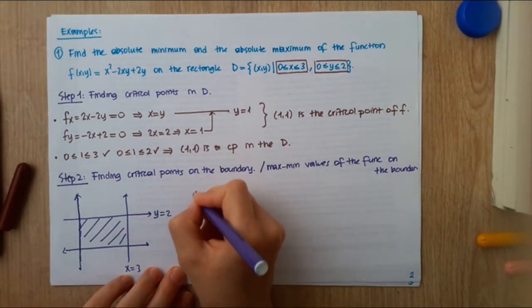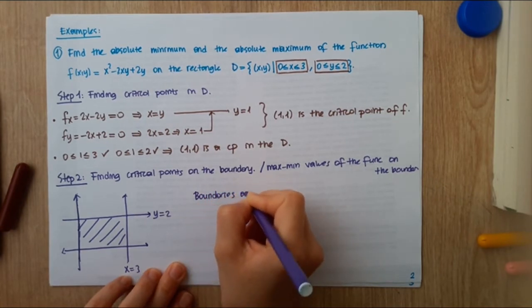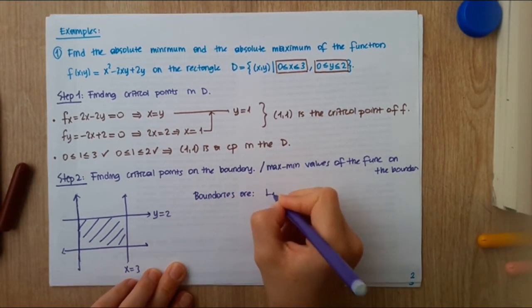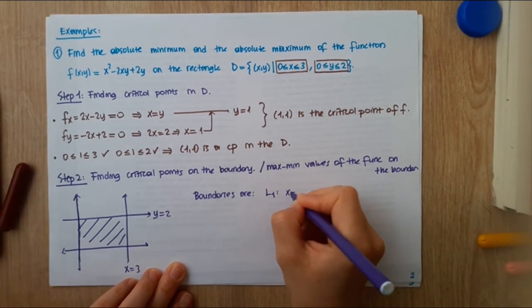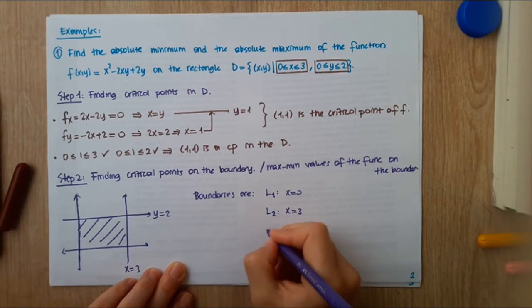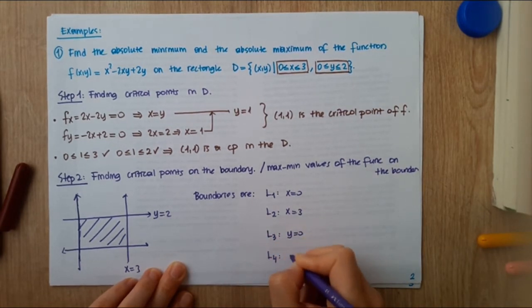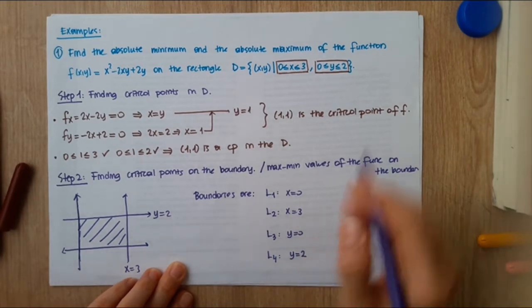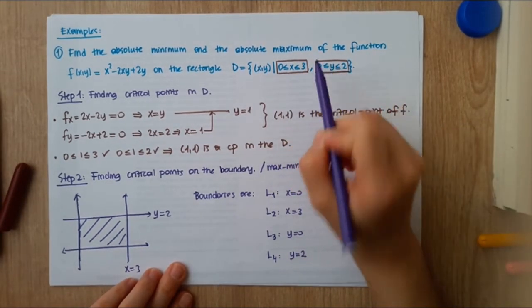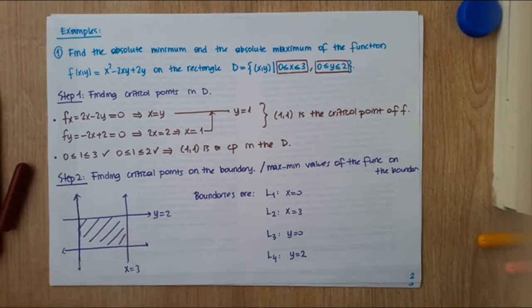Okay, so boundaries are: first line is x is 0, second line is x is 3, third line is y is 0, and fourth line is y is 2.